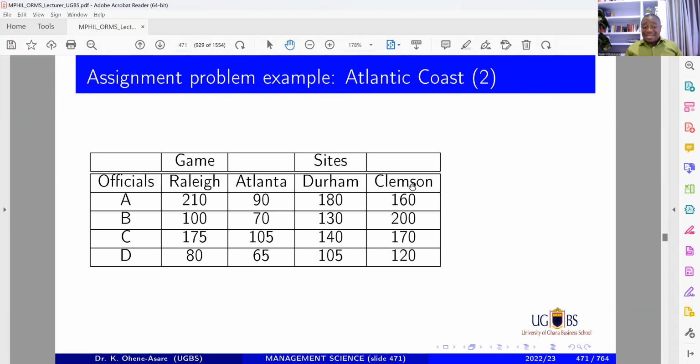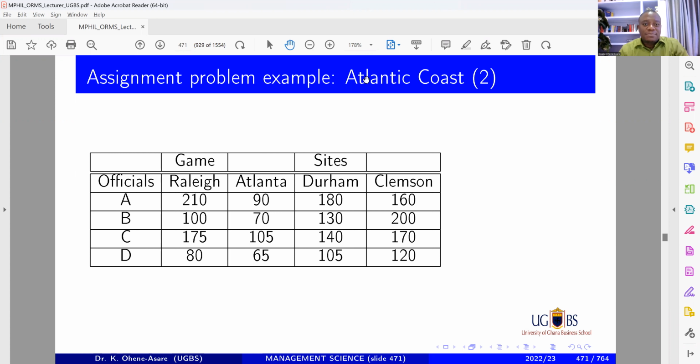These are the distances. Officials A will have to travel 210 distance to get to Raleigh, 90 to Atlanta, 180 to Durham, and 160 to Clemson. Which town will officials A be sent to?